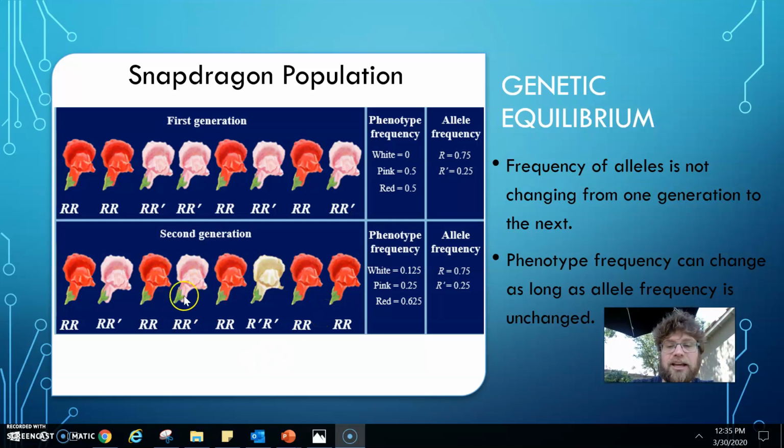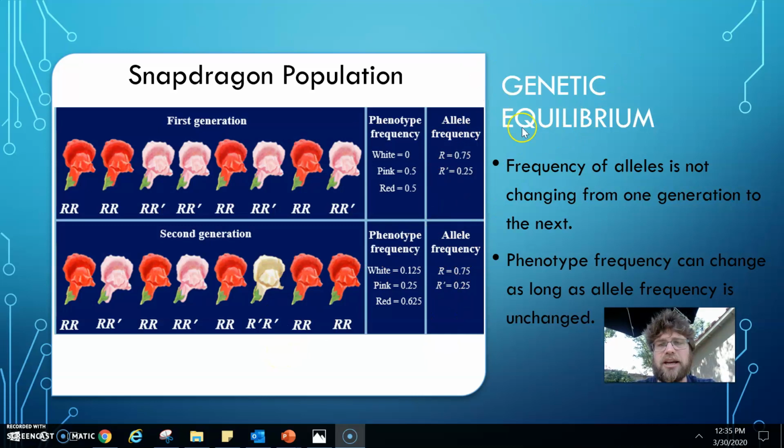So if you're heterozygous, you get a middle mixed trait of the homozygous dominant and the homozygous recessive. When breeding happened and a new generation was made, the alleles got mixed up, but the frequency stayed the exact same. And so when that happens, you go generation to generation with no change in allele frequency.